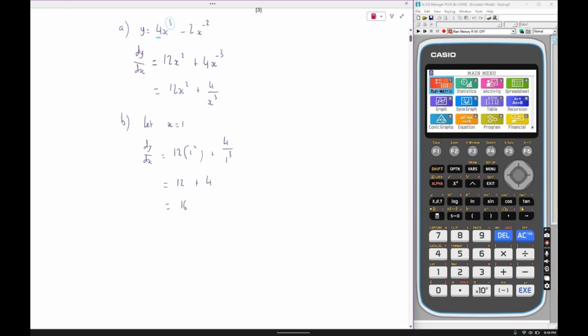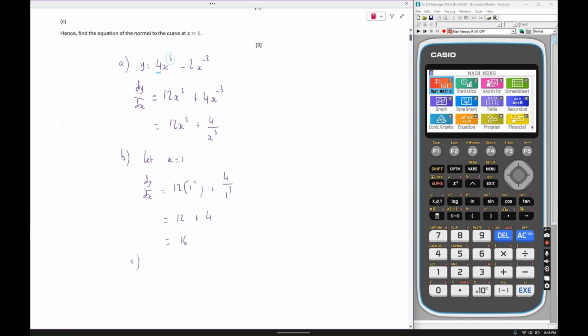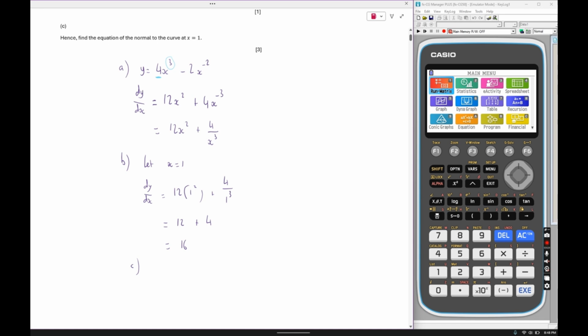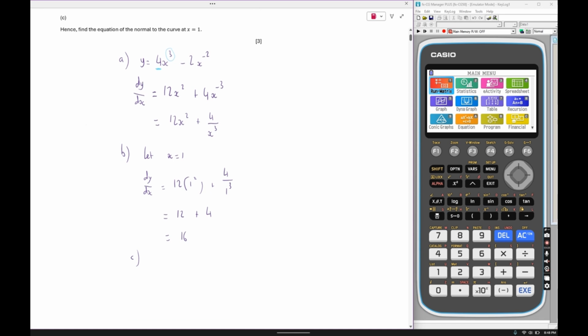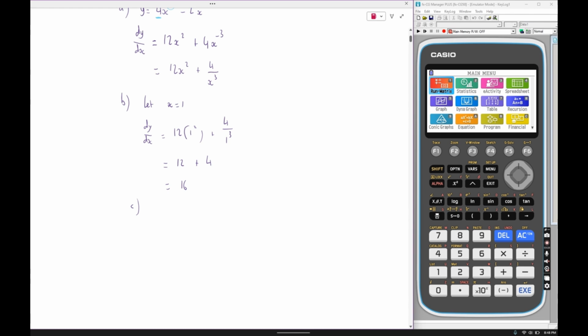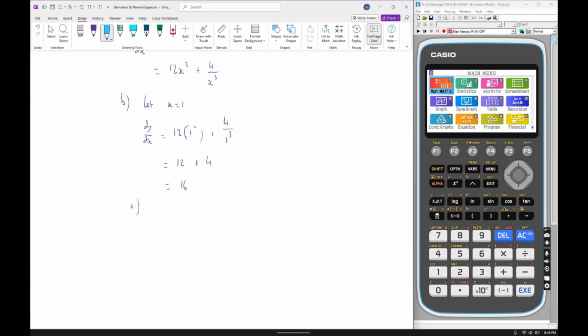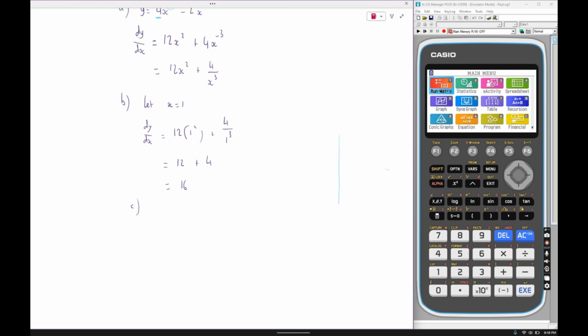Last question, it says, find the equation of the normal to the curve at x equals 1. So if you have forgotten what the normal is, I'll do a quick sketch over here. I've got an axis, I've got some equation, whatever, and right at that point there that I'm drawing in, I've got a tangent.